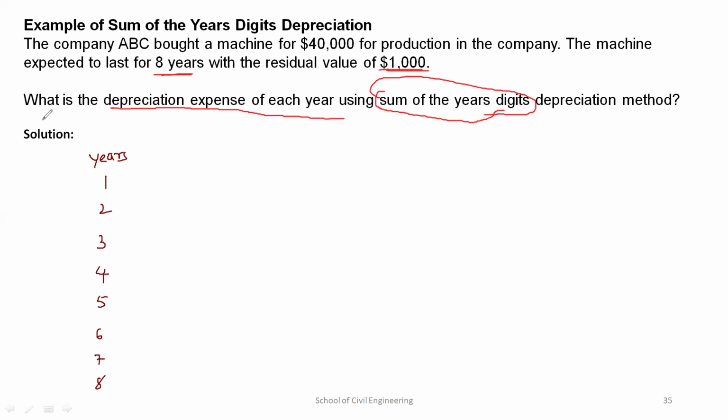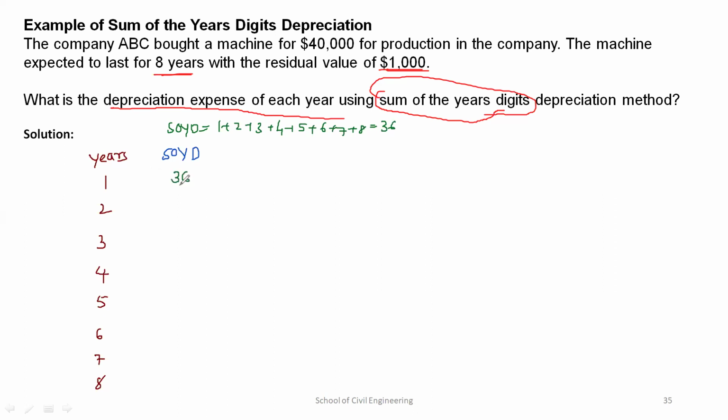Next, what will be your sum of year digits? How much is it? It is 36. How is it 36? Sum of year digits is nothing but 1 plus 2 plus 3 plus 4 plus 5 plus 6 plus 7 plus 8. It has 8 years, right? Total 36.